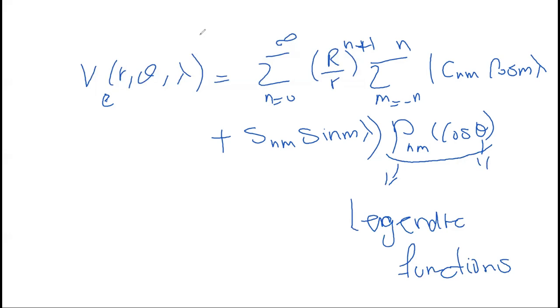Theta is co-latitude. Lambda is longitude.